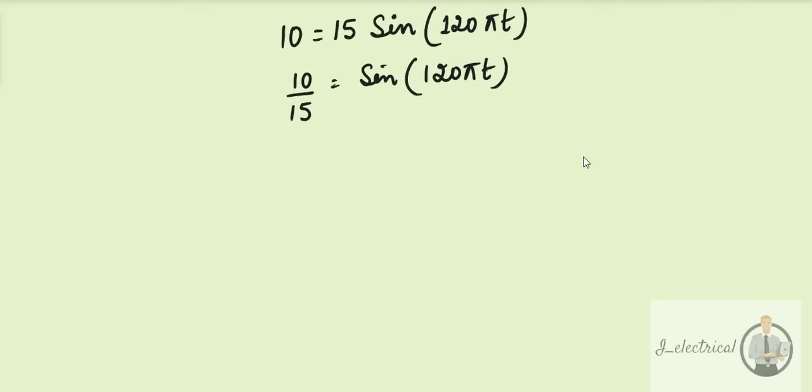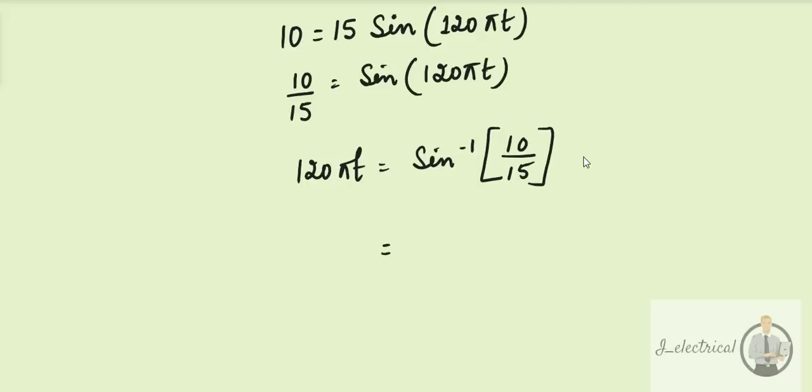Again, I will send the sine function to the other side. I will get 120 pi t is equal to sine inverse of 10 by 15, sine inverse of 0.66. Therefore, I need to find out t.